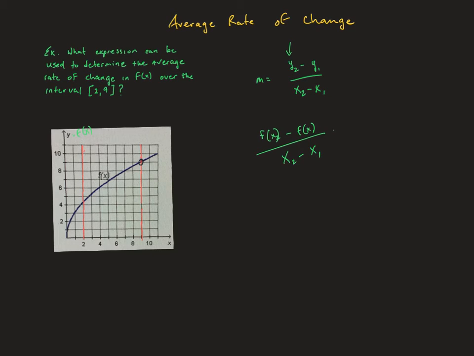And so I end up with f of 9, because that was my given interval, right? F of 9 minus f of 2 over 9 minus 2. And that would be an expression to calculate the average rate of change of a function.